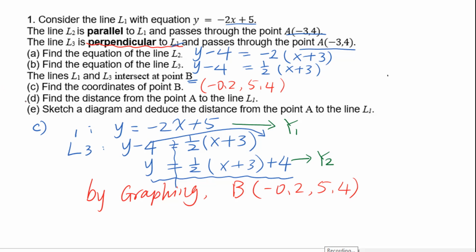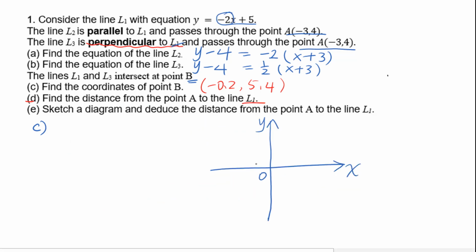Let's go to D. Find the distance from the point A to the line L1. Let's sketch the graph. This is a coordinate plane. So we need to get A, negative 3, 4, here.